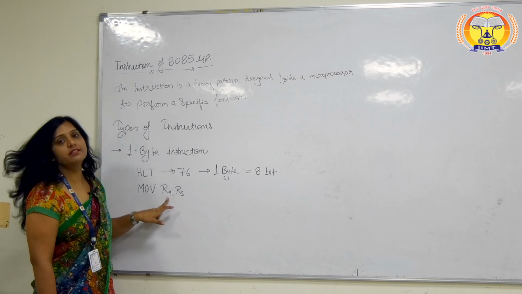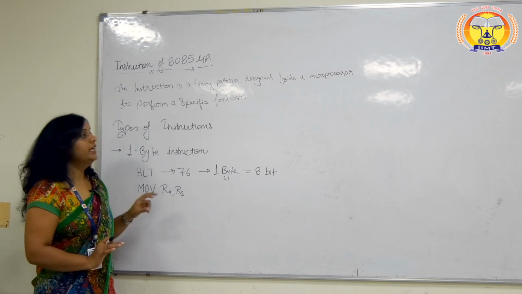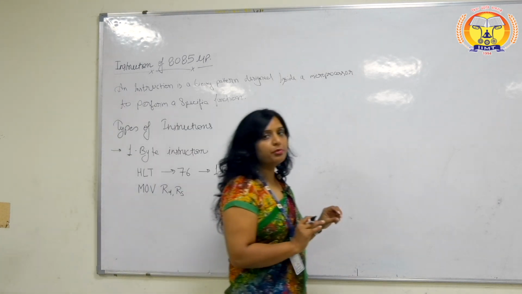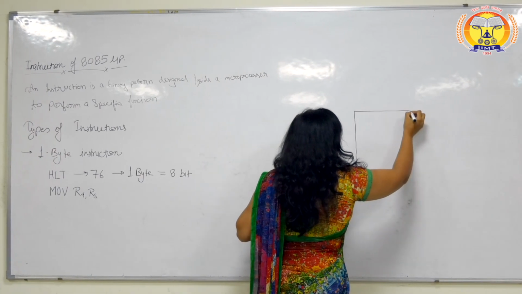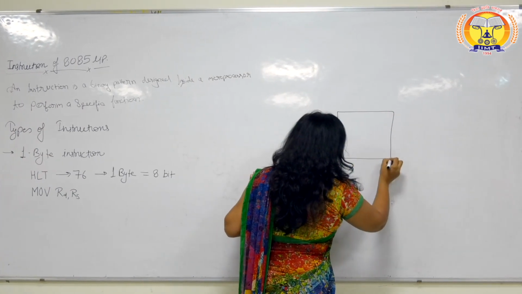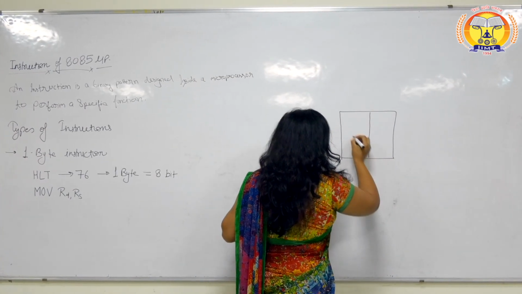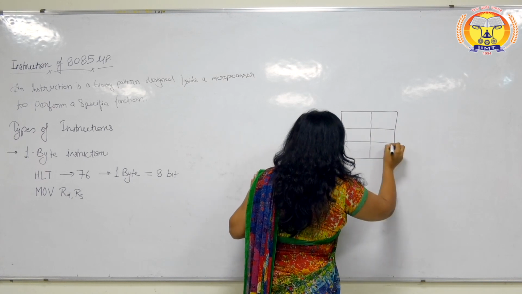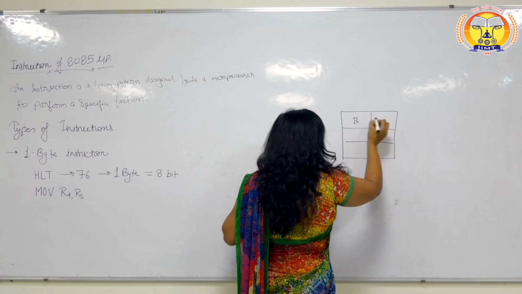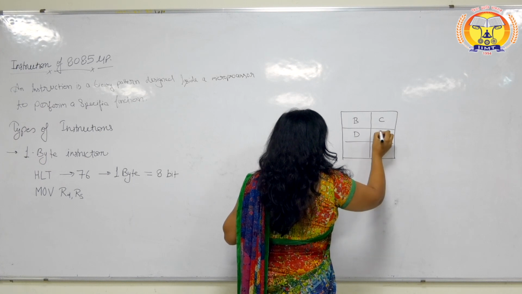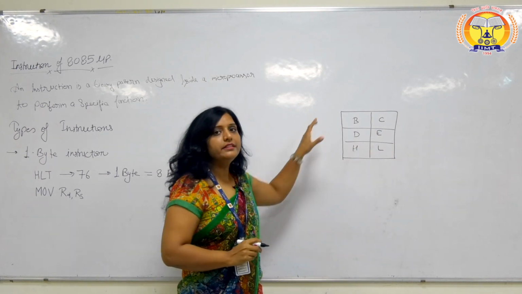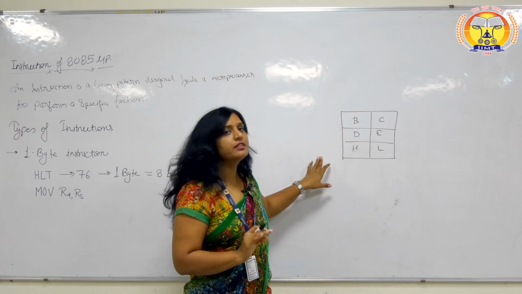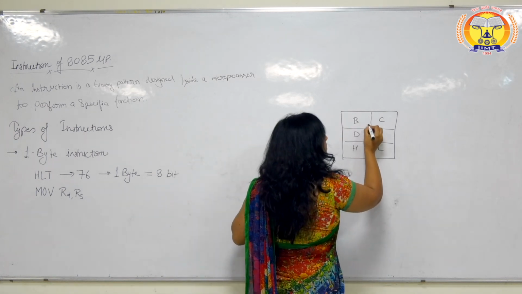These both registers are of 8-bit only. In 8085 microprocessor, we have some general purpose registers. These are used for programming: B, C, D, E, H, L. These all general purpose registers are of 8 bits.